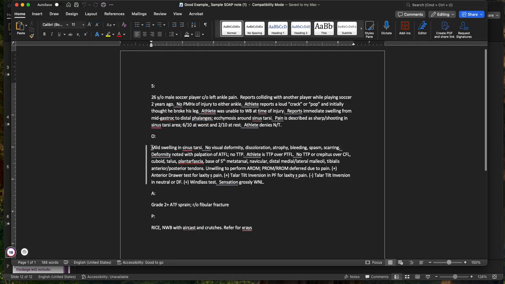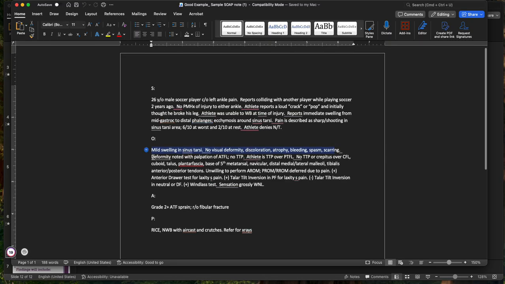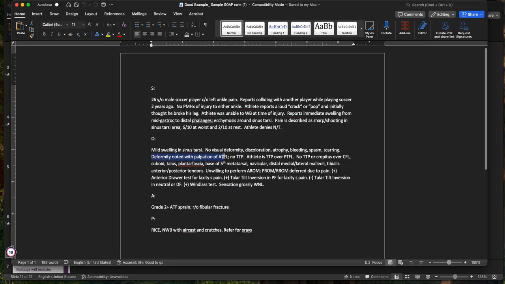The O is going to include observations, palpations, and any special tests. So mild swelling, that's an observation. No visual deformity, discoloration, atrophy, bleeding, spasm, scarring. So I don't see those things. I observe those. But there was some deformity noted with palpation of the anterior talofibular ligament, but it's not tender to palpation.